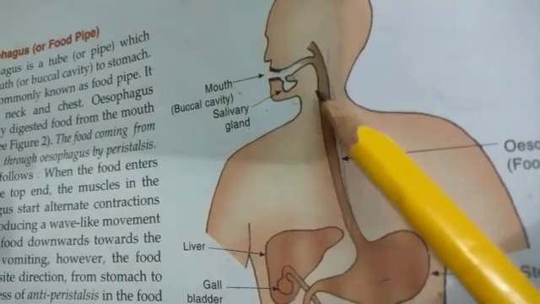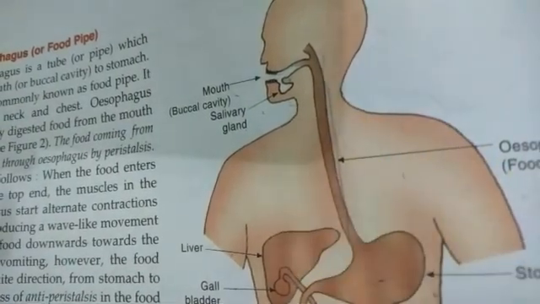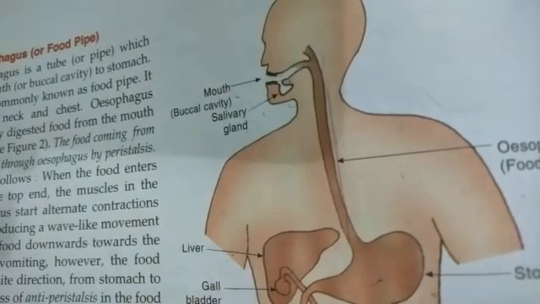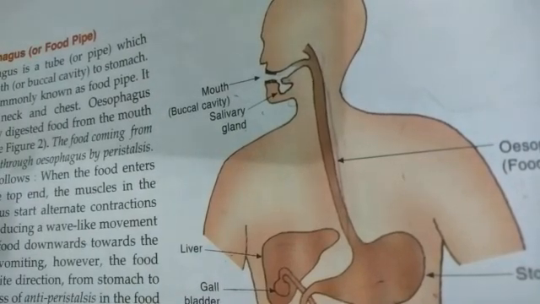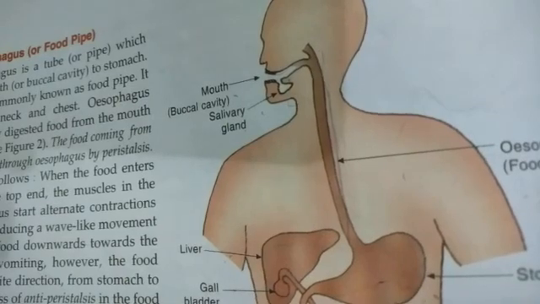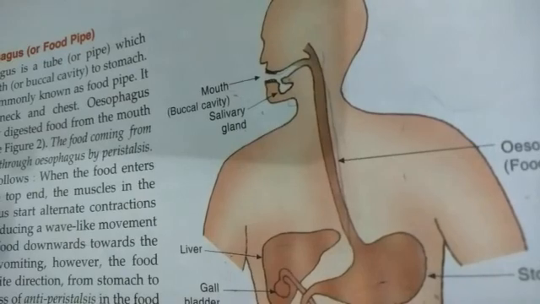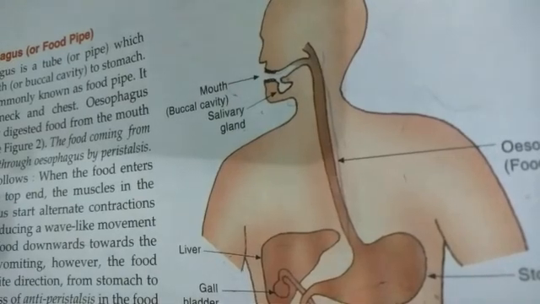Teeth, tongue, salivary glands. Teeth help to chew and cut the food. Tongue helps in thoroughly mixing the food with the saliva, whereas salivary gland secretes what? Enzyme amylase that converts starch into sugar.